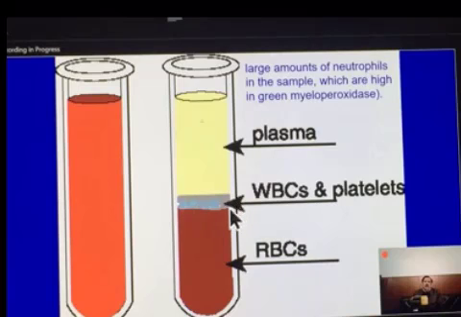WBC are the white cells. This ring in normal condition is white. But when there is infection or when the neutrophil count is increased, this ring looks greenish. It is due to the presence of myeloperoxidase in these cells, which gives this ring a green color.